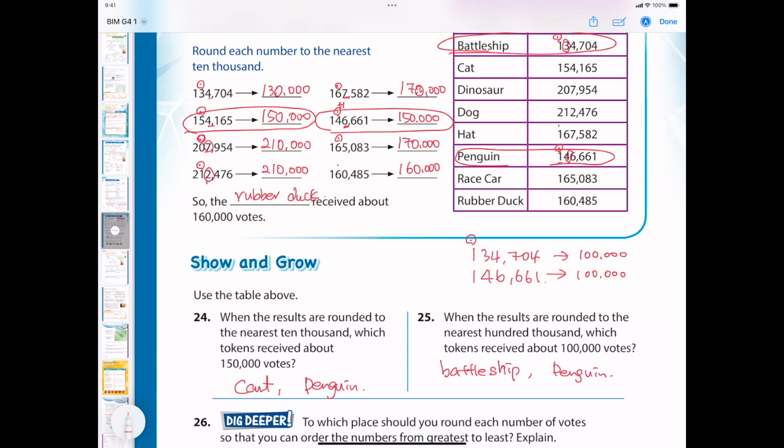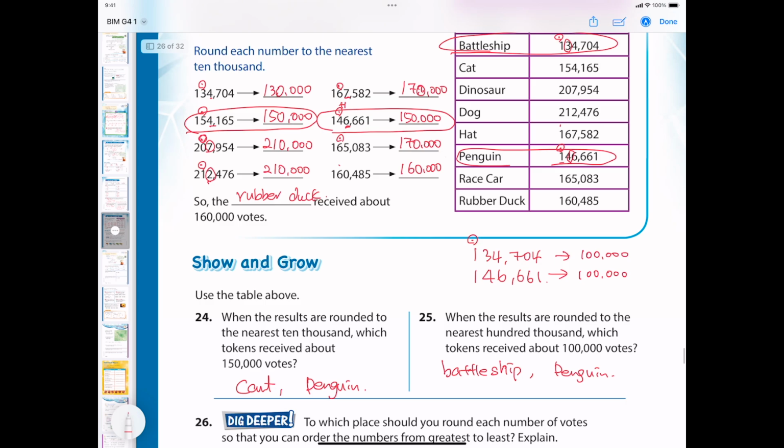Okay, let's say we are going to include the cat, 154,165. When we change to the 10,000s place as the target number, then the meta number is what?